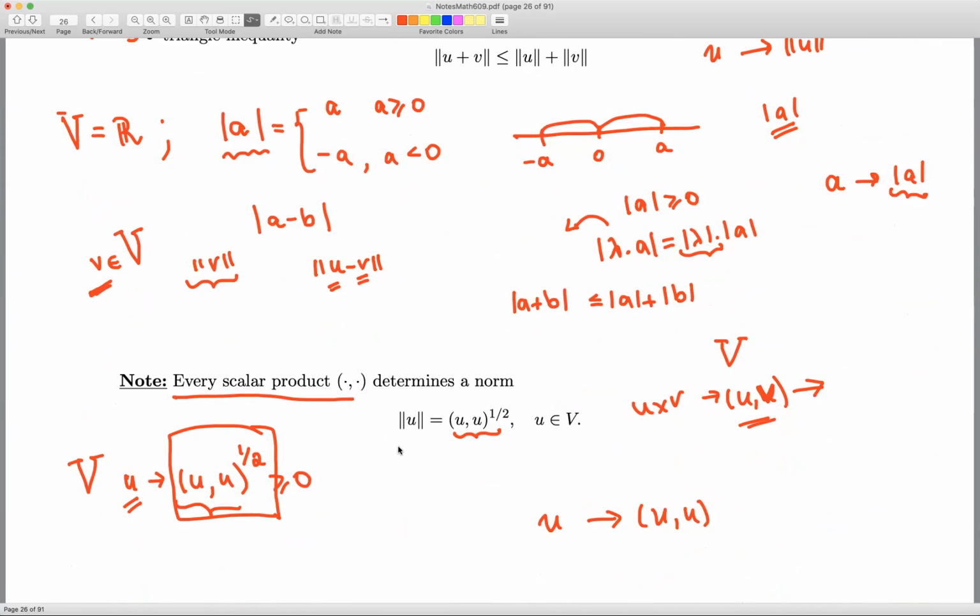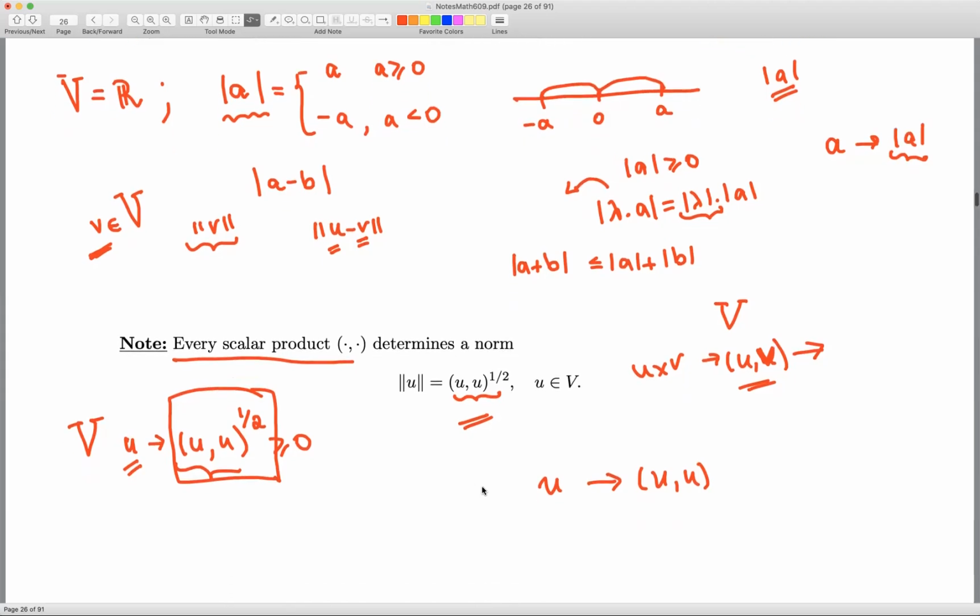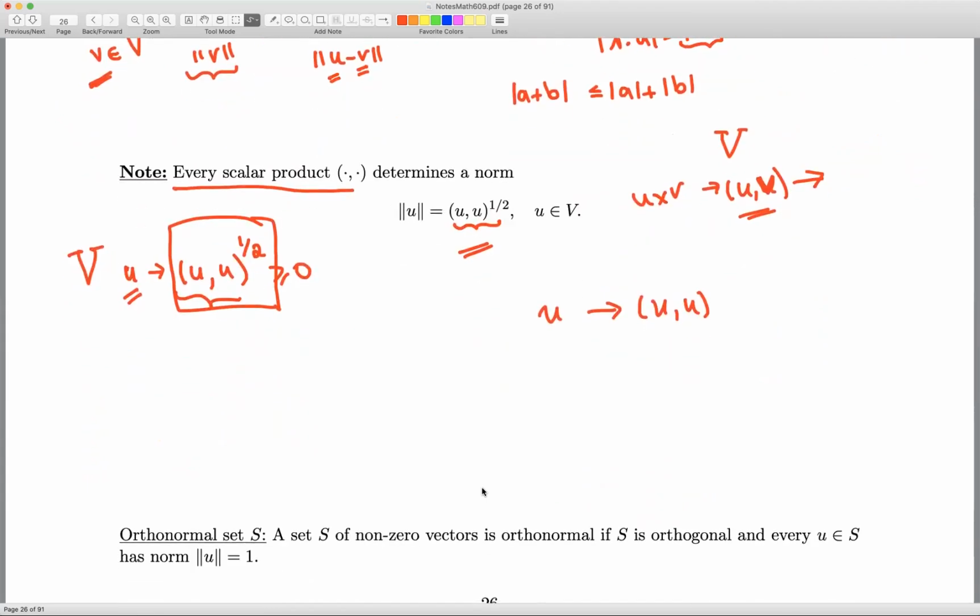So if a vector space is given, and an inner product in this vector space is given, that means we have a norm on this vector space, and we can measure the magnitude of elements in it. We can measure the distance between two elements of the vector space. Now, in one vector space there may be more than one norm, as we will see.